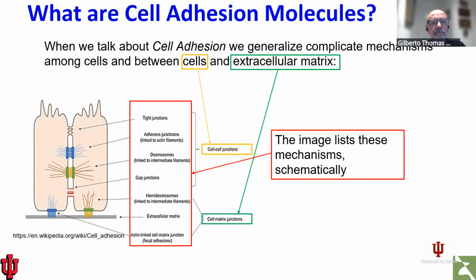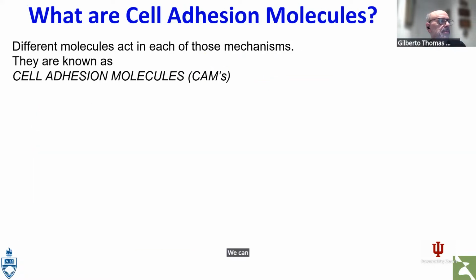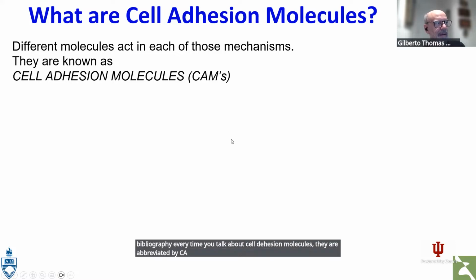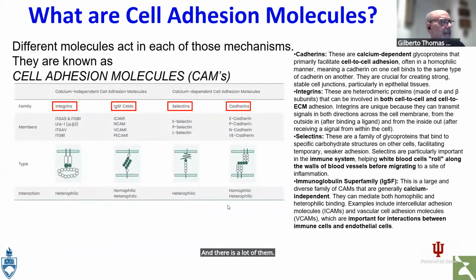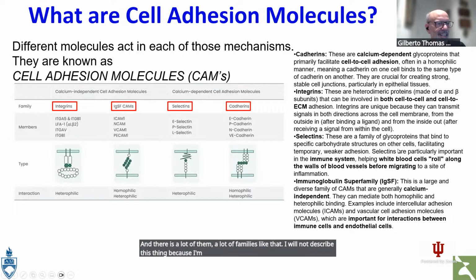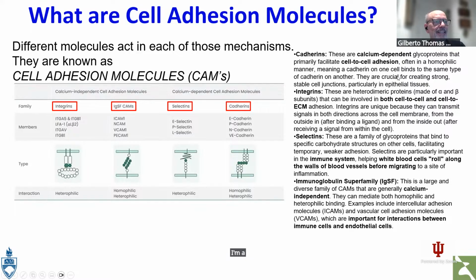We can call these molecules CAMs. If you go to the bibliography, every time you talk about cell adhesion molecules, they are abbreviated by CAM. And there is a lot of families like that. I will not describe this because I'm not a biologist. I'm a physicist, but I know them.